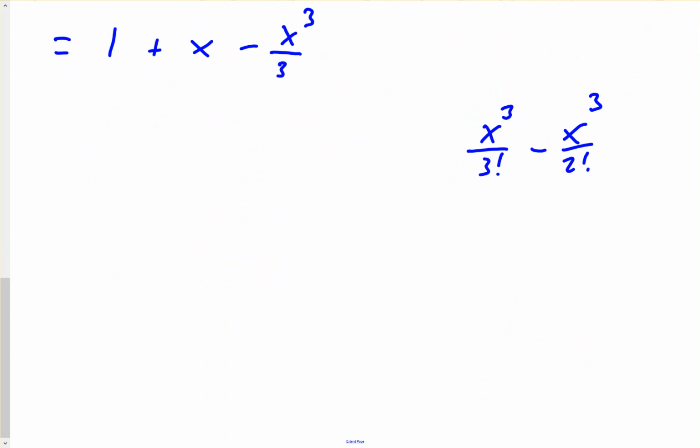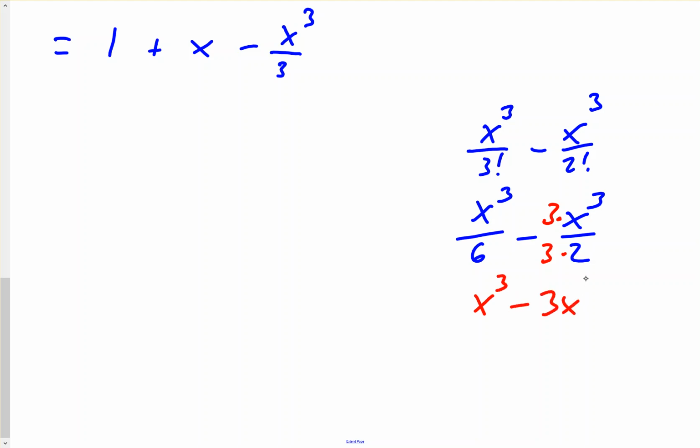So that would be x cubed over 6 minus x cubed over 2. And then we would get a common denominator, multiply by 3 over 3. So x cubed minus 3x cubed over 6, that would be negative 2x cubed over 6, reduces to negative x cubed over 3. Okay, so that's how you end up with this term.